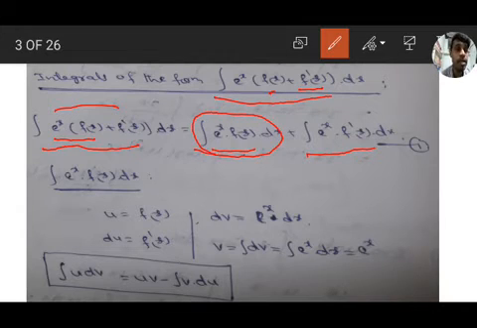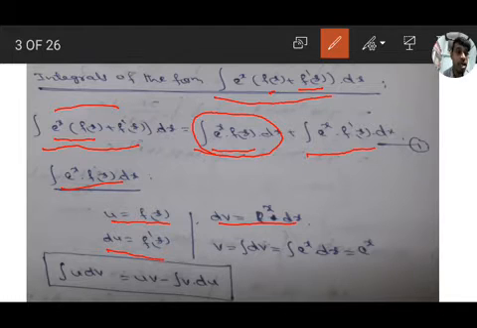Then we calculate this integration. First integration e to the power of x into f of x dx. Here product rule, integration by parts. u equal to f of x I am taking, dv equal to e to the power of x dx. So du means its derivative, f dash x dx, and v means integration of dv, that is integration of e to the power of x dx is e to the power of x.